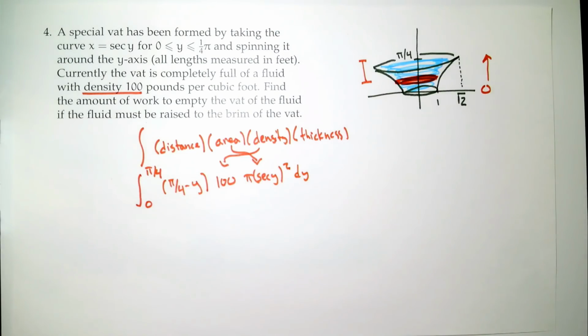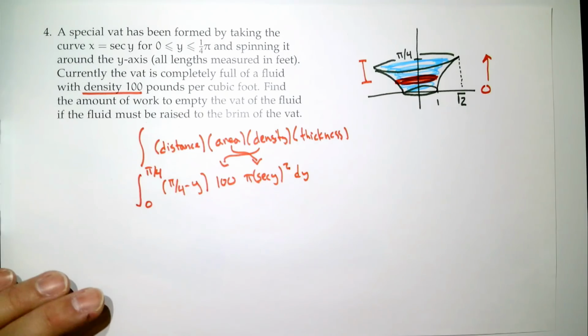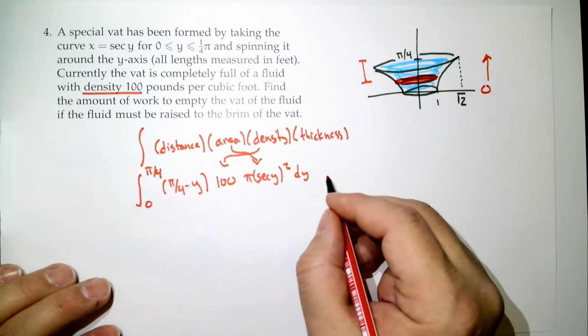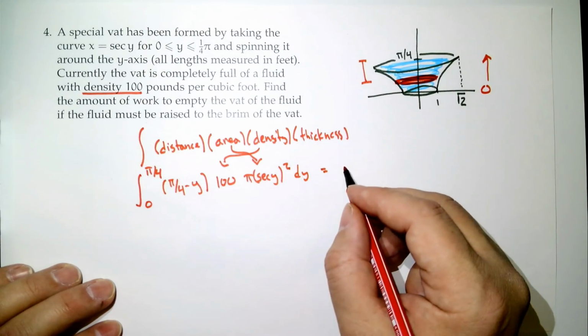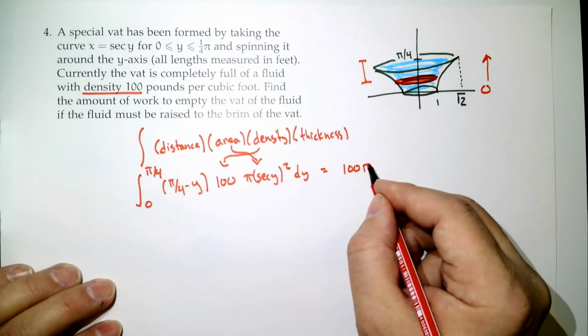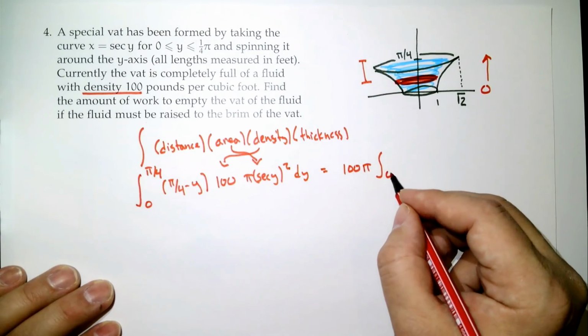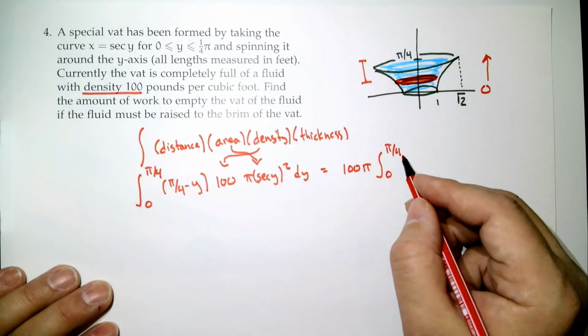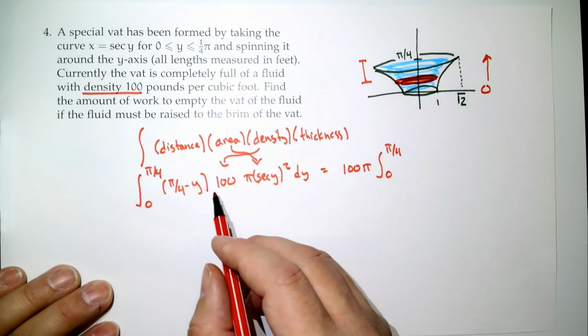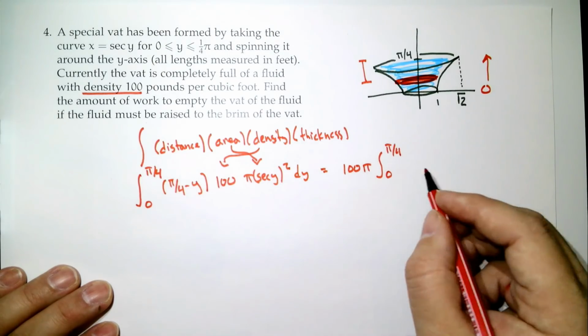Well, okay, let's think about this. The 100 pi is a constant. Might as well pull that out. So I have 100 pi, integral from 0 to pi over 4. And looking at this, I say, well, I can multiply the secant squared here through.